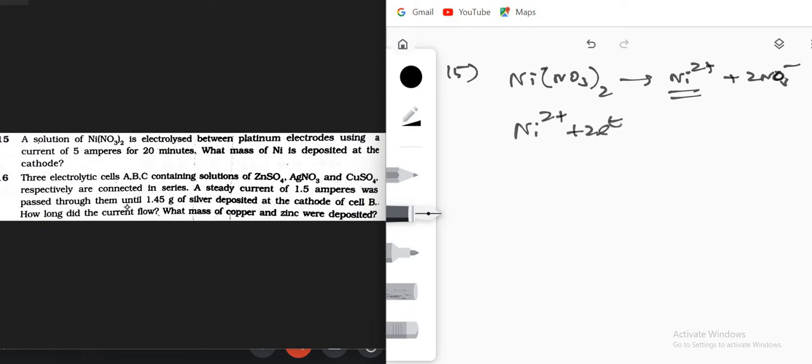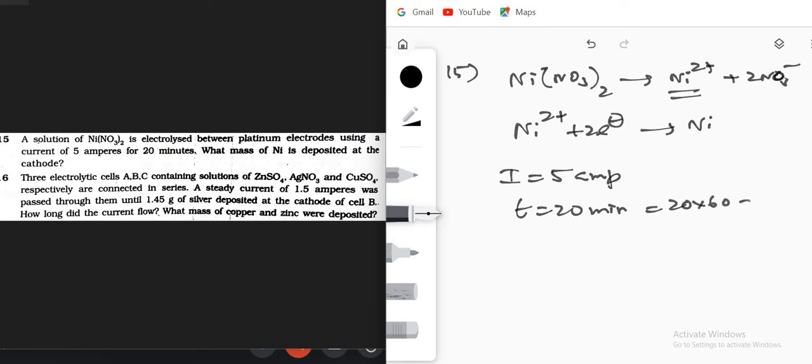By gaining 2 electrons, you will get nickel, right? Now here it is given they are passing a current of 5 amperes and the time is 20 minutes. You convert minutes into seconds, so 20 into 60 gives seconds, right?